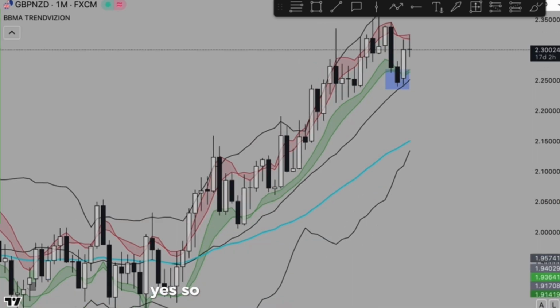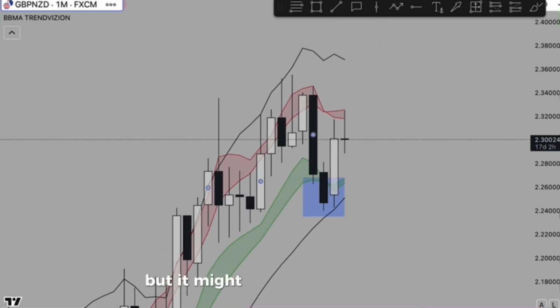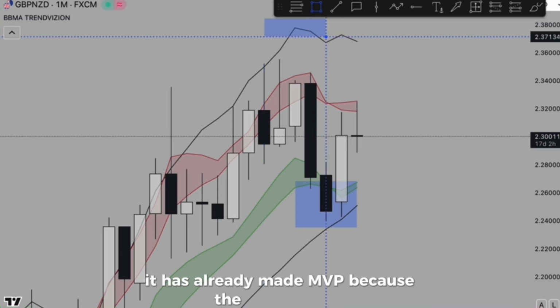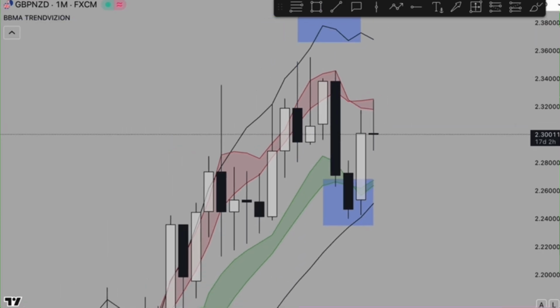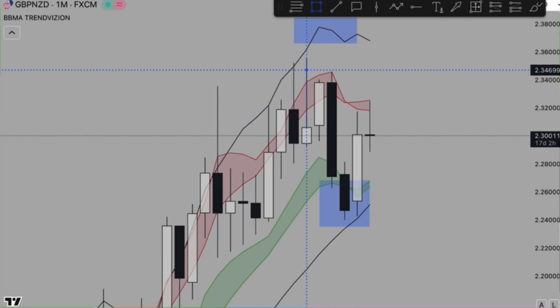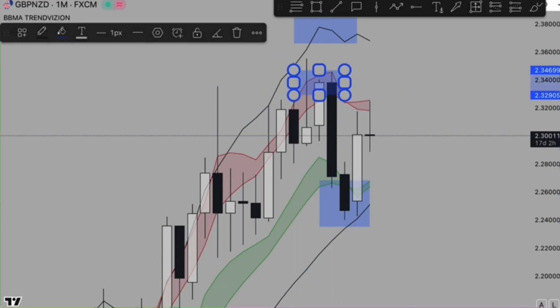Yes, so monthly also big uptrend, but it might be making MHV, or at least it has already made MHV, because the top BB is flat and there wasn't any more CSM, or CSA here, sorry, CSA.